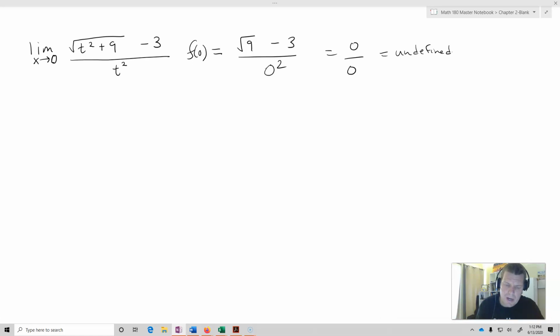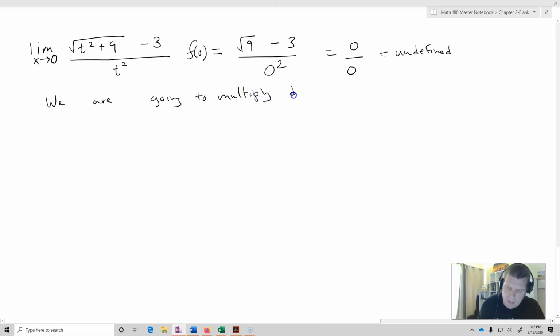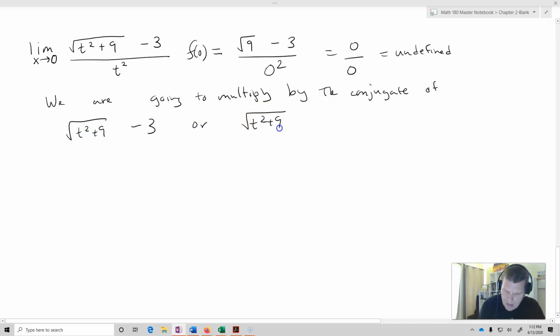However, if I do some algebra, I can actually make this defined. So what we're going to do is multiply by the conjugate of the square root of t squared plus 9 minus 3, or the square root of t squared plus 9 plus 3. So this is what we're going to multiply by, top and bottom.